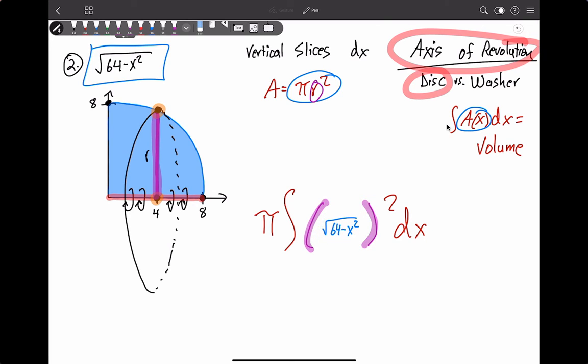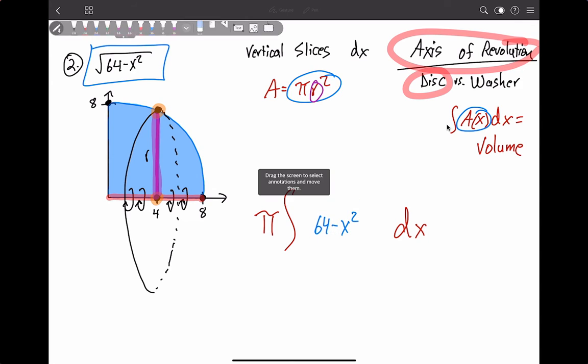In this particular problem, it will go away because it's squaring this square root to where all you'll have is this 64 minus x squared. That's all that's left in this particular problem. Okay, and yes, if you need to rewind that, pause it, whatever you need to, please do so that you understand what just happened. But nonetheless, the answer to this is going to be our volume in units cubed.